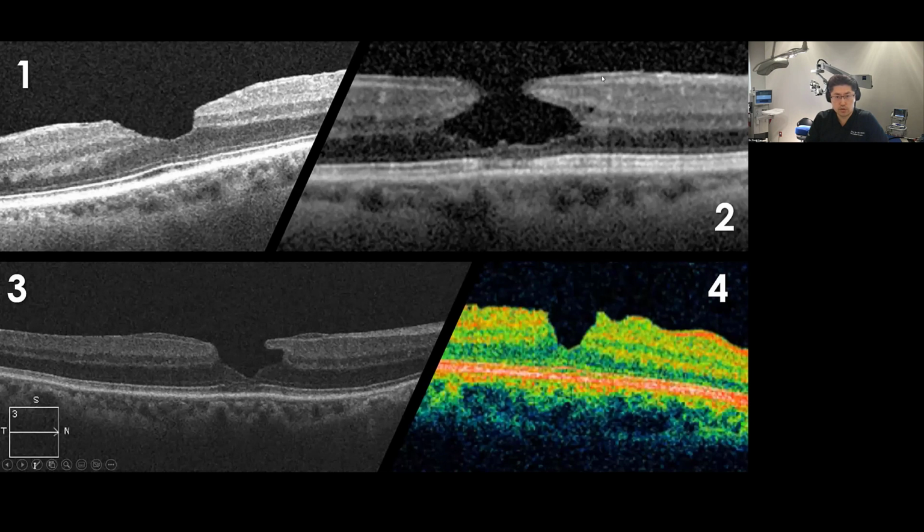Therefore there's no contractile force, and that's the lamellar hole associated epiretinal proliferation. Similarly, picture number 3 is a lamellar defect with part of the retina being chipped away. And number 4, we have a pseudohole with corrugation of the retinal surface, indicating the presence of epiretinal membrane, and also a straight foveal edge.